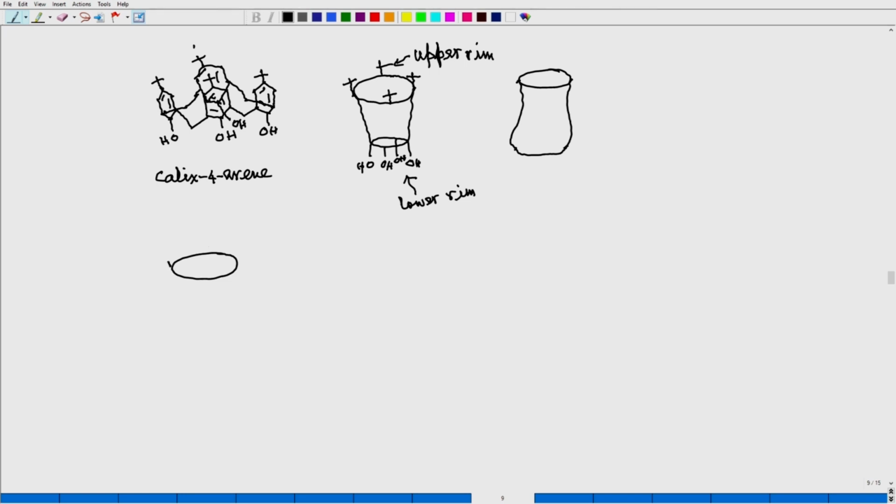To draw this picture is beyond me, it is very difficult. You cannot do these 3D structures by hand, but we can make cartoons like this.